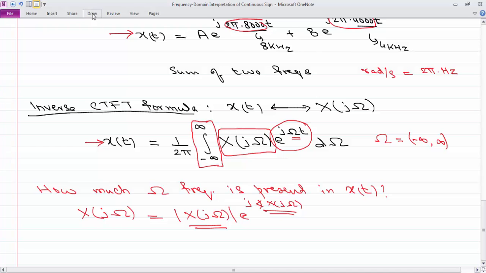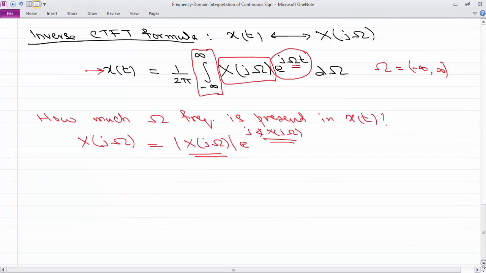So if someone gives you a signal which has some Fourier transform x of j omega, and they ask, does that signal have the 4 kilohertz frequency present in it or not? What does that mean?